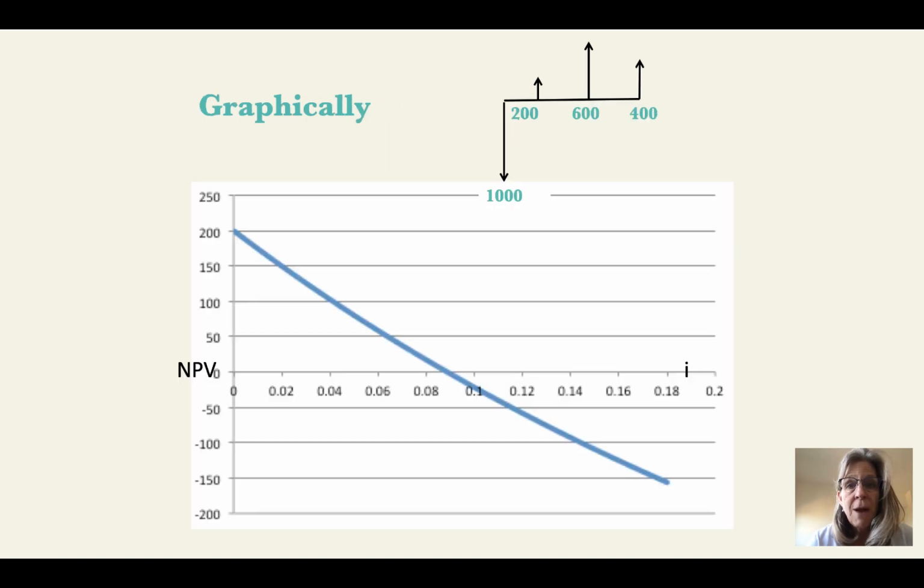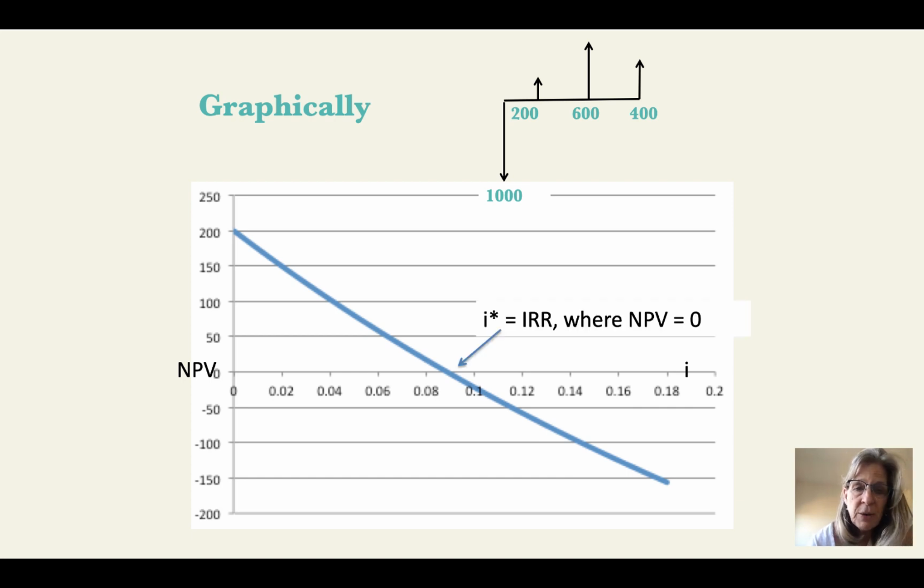Another way to do it is graphically. We have a particular set of cash flows, and we can change the interest rate on the x-axis and calculate the net present value. Where the net present value is 0, or where the line crosses the x-axis, that particular interest rate is the internal rate of return.